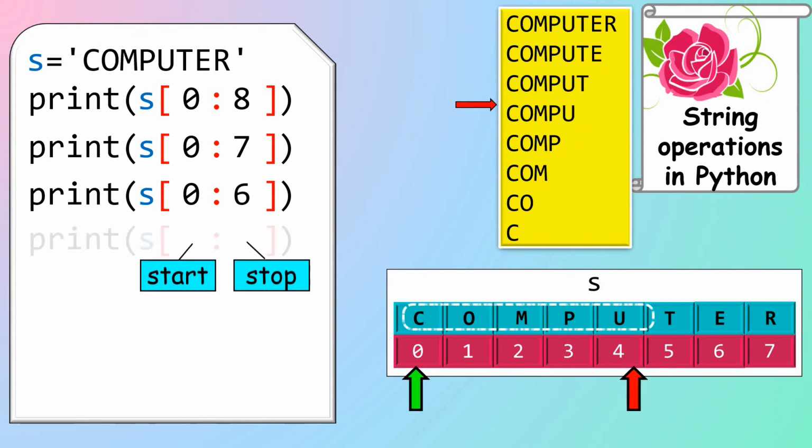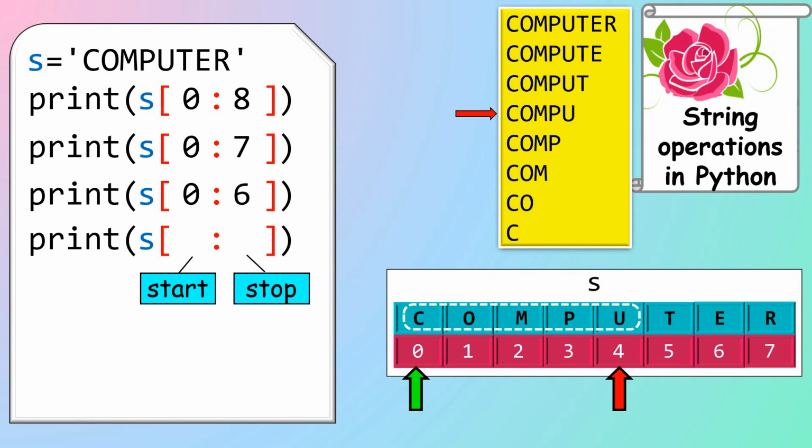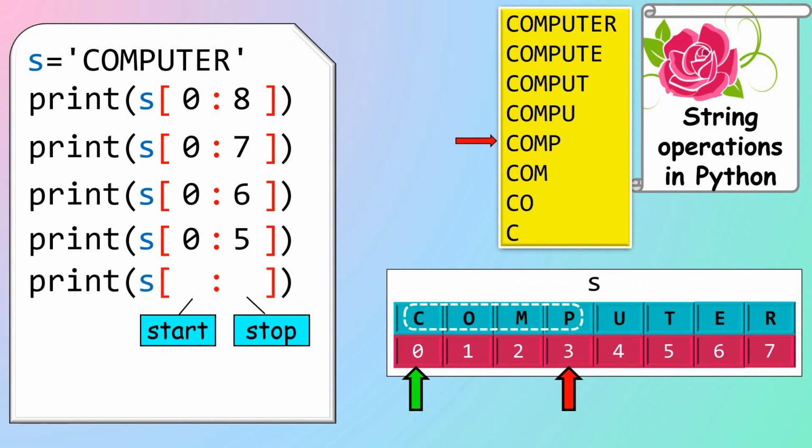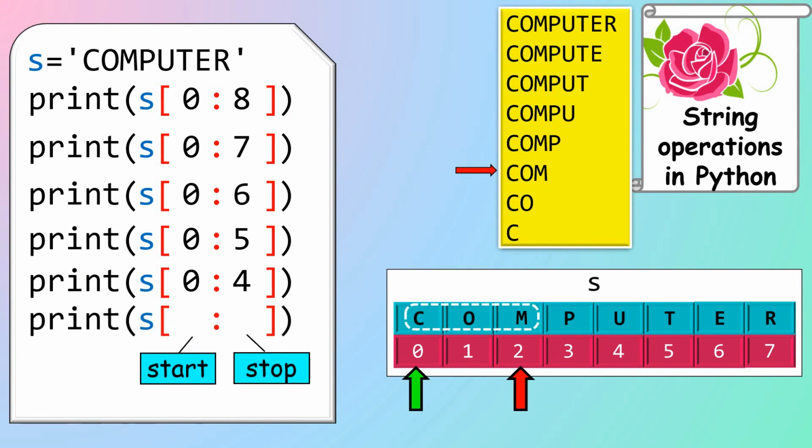Similarly, to get the next output in the print statement, in the slicing operation, the start must be 0 and the stop must be 5. Similarly, to print COMP, the start index must be 0 and the stop index must be 4. And next, to print COM, the start index must be 0 and the stop index must be 3 in the slicing operation.